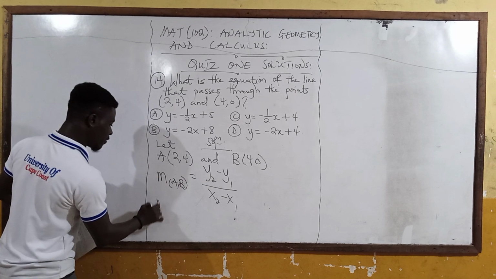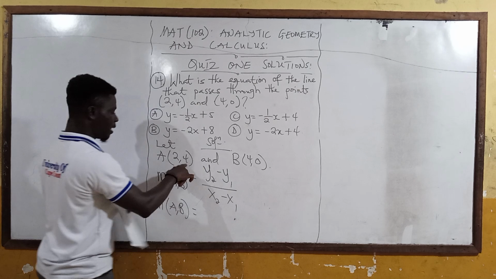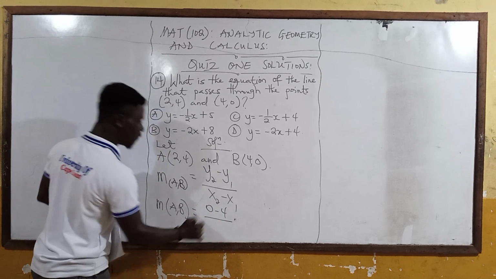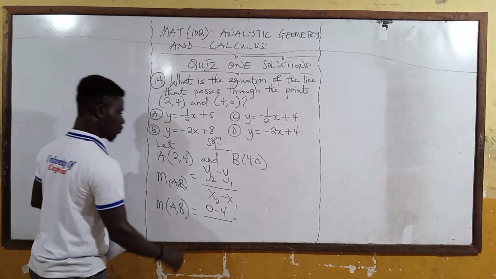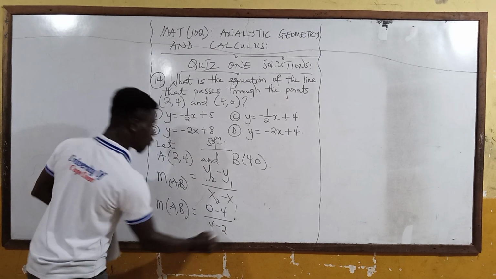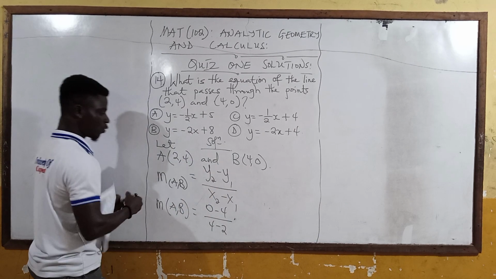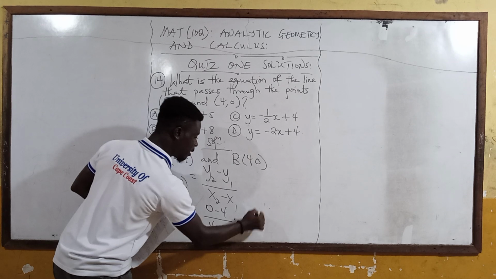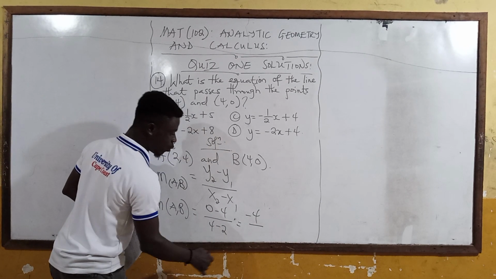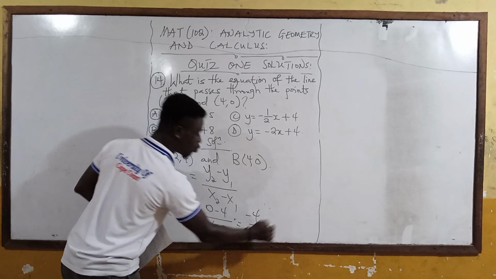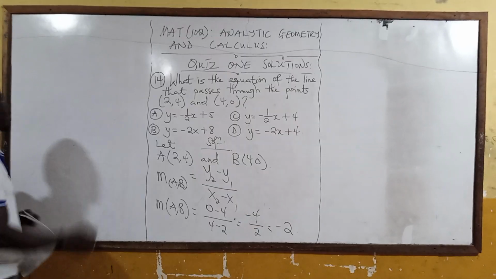So I have my gradient of AB equal to 0 minus... that's our gradient.